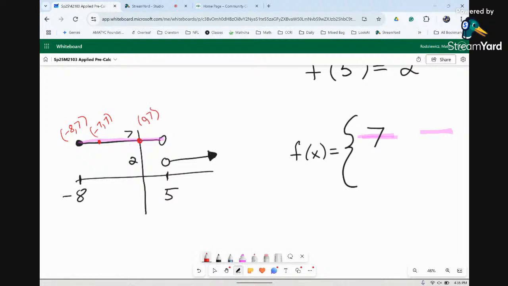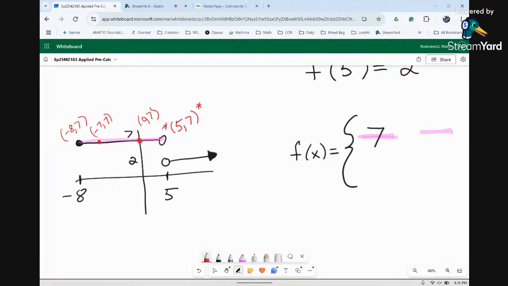Everything on that line has a y value of 7, but there's a starting point on that line, -8. And there's an ending hole on that line, which is 5, 7. I'll put a little asterisk because it's a hole. The hole is at 5, 7.